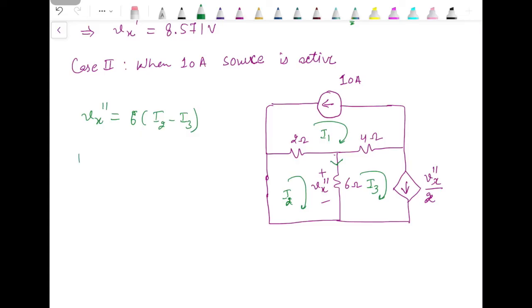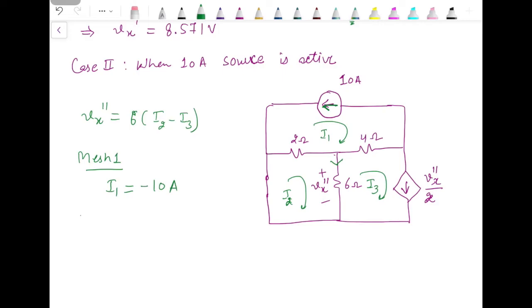From mesh 1, we can have the direct answer of I1, since 10 ampere source is connected in the outer branch. I1 and 10 ampere, they are in opposite direction, so I1 is minus 10 amperes.